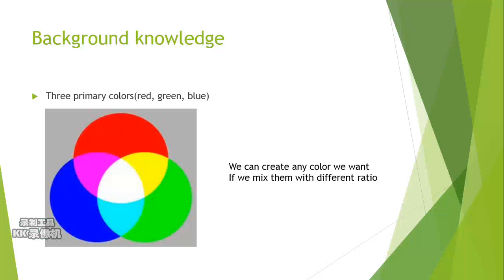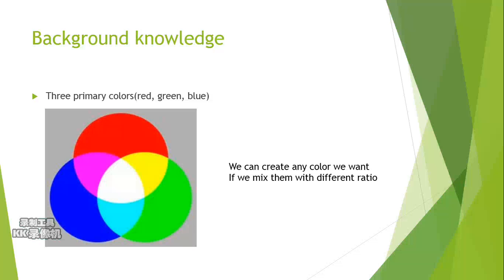Three primary colors, which is red, green, and blue. With three primary colors, we can create any colors we want if we mix them with different ratio. In my project, I will use this principle to save the number of LEDs.